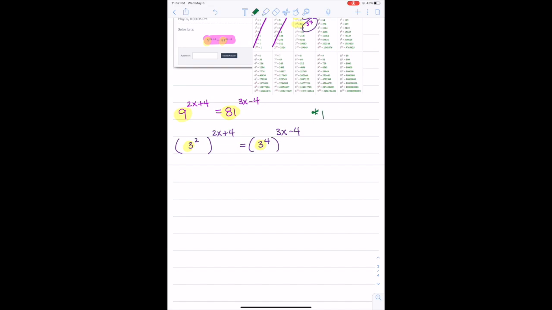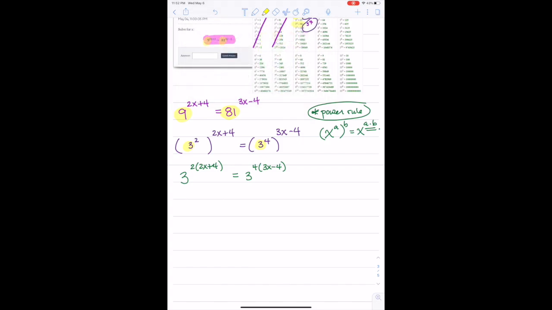So I can apply the power rule. Again, the power rule says if you have a power to another power, just multiply them together. So this one would be 3 times 2 to the 2x plus 4 is equal to 3 times 4 to the 3x minus 4.